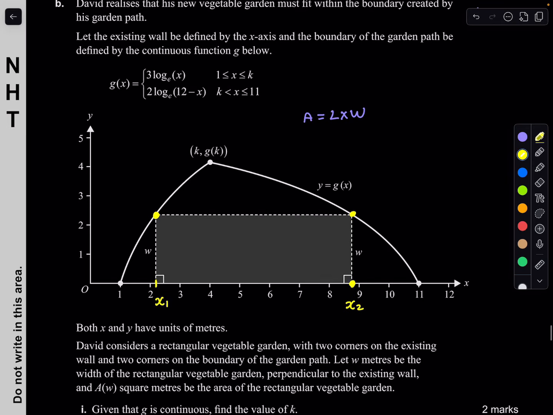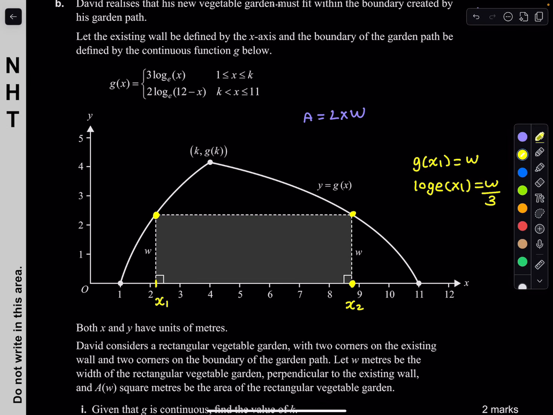We know that when we sub in x1 into the function g, g of x1, it's going to give us the width w. Is that correct? Remember, it's the left-hand side, so you have to use this one over here. So basically we're saying 3 log e of x1 is equal to w. And you can divide both sides by 3.